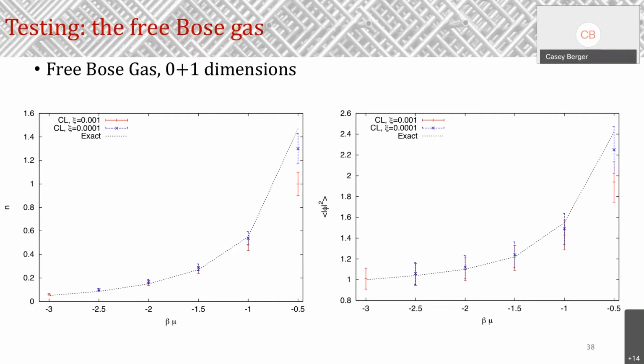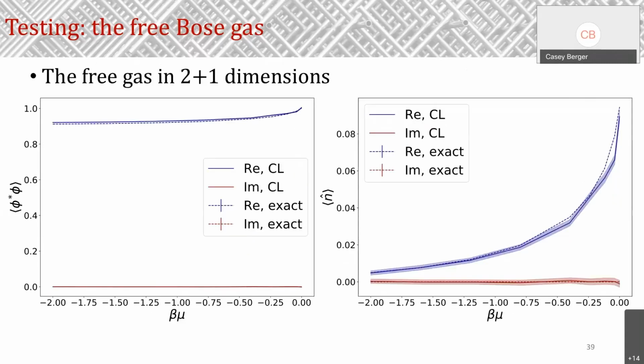So let's take this to 2+1 dimensions. A little more interesting, now we have 2 spatial derivatives and a time derivative and chemical potential. And we find that we get some very good results for the free gas in 2+1 dimensions. On the left, we have, again, the field modulus squared as a function of chemical potential. In red, we have the imaginary part of the problem.